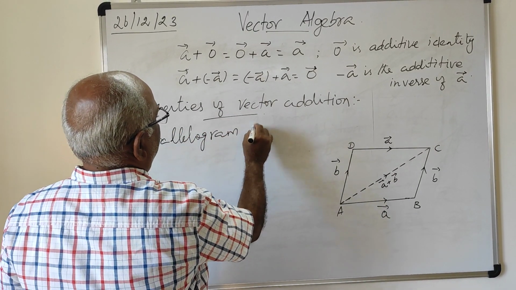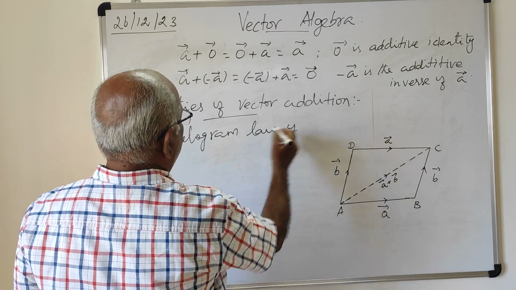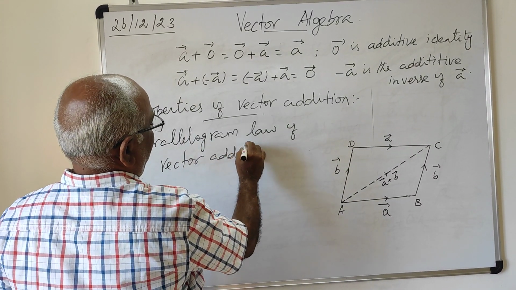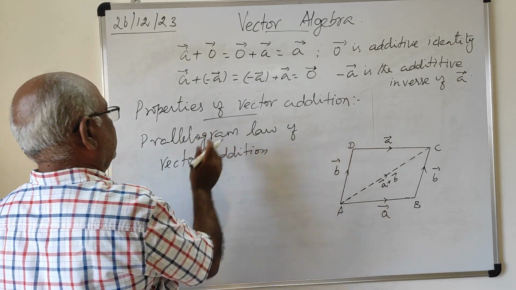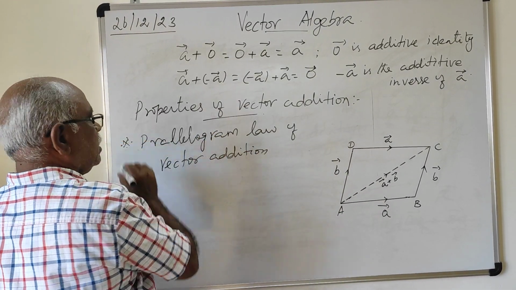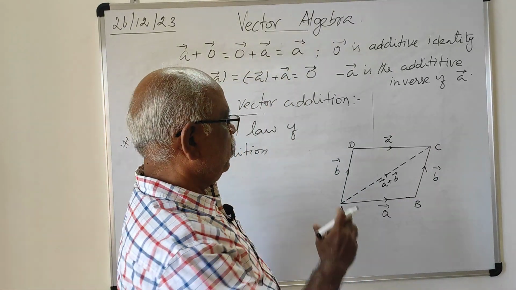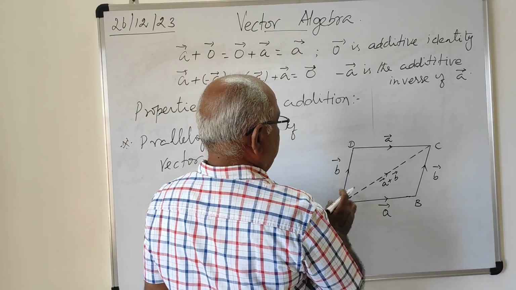Parallelogram law of vector addition. If A vector and B vector are represented by two sides of a parallelogram, complete the parallelogram ABCD.